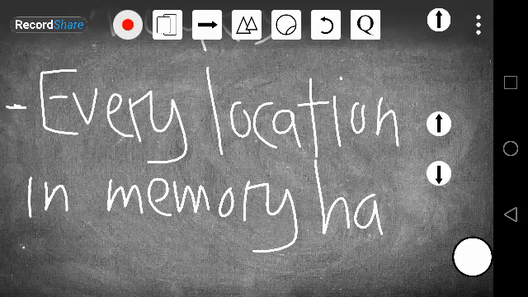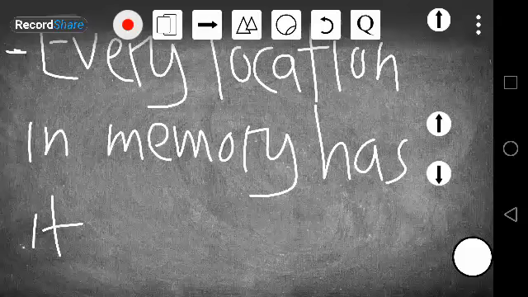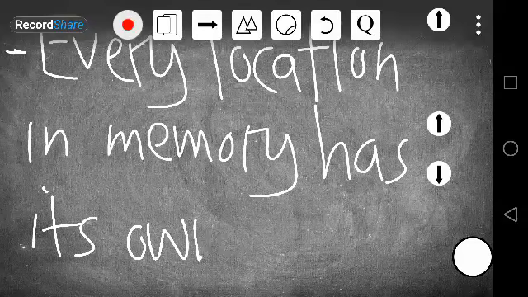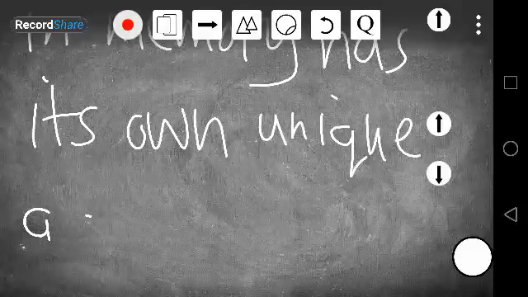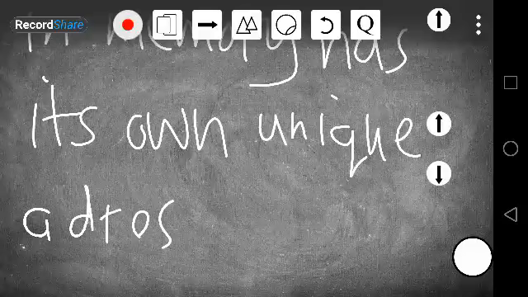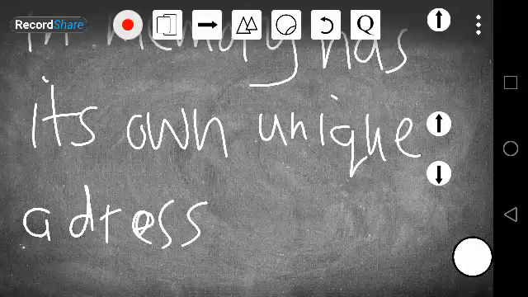So we want to be able to retrieve any item currently in memory or be able to store any item at a specific location. That is the idea.